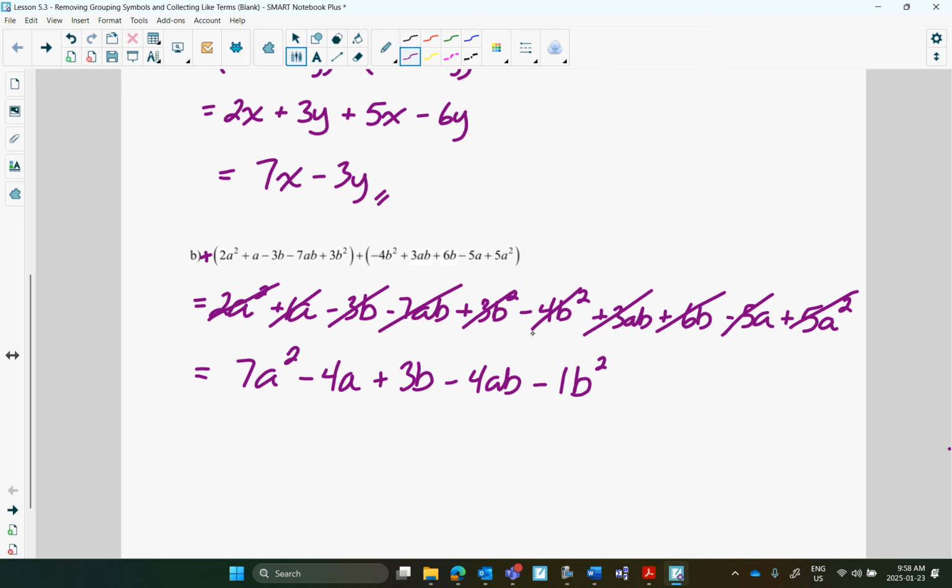So what we saw from that is when we add a whole bunch of terms that are in parentheses, no signs change.